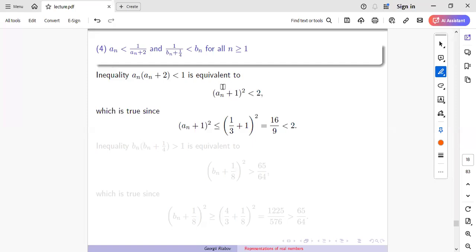If we multiply An by An plus 2, it will be less than 1 if and only if (An plus 1) squared is less than 2, because (An plus 1) squared is An times (An plus 2) plus 1. But this is true because An is less than 1/3. (1/3 plus 1) squared is 16/9, which is less than 2. Good.